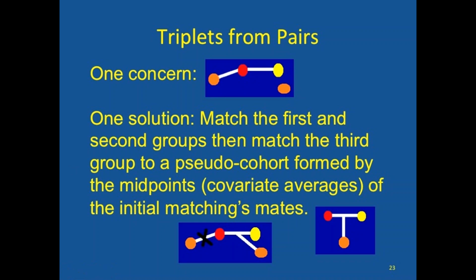One solution is to match the first and second groups and then match the third group to a pseudo cohort formed by midpoints, which is just taking the average of the covariates of the initial matchings made. So the red gets to match to yellow. We then create a pseudo cohort of midpoints, and the orange is going to match to those midpoints.